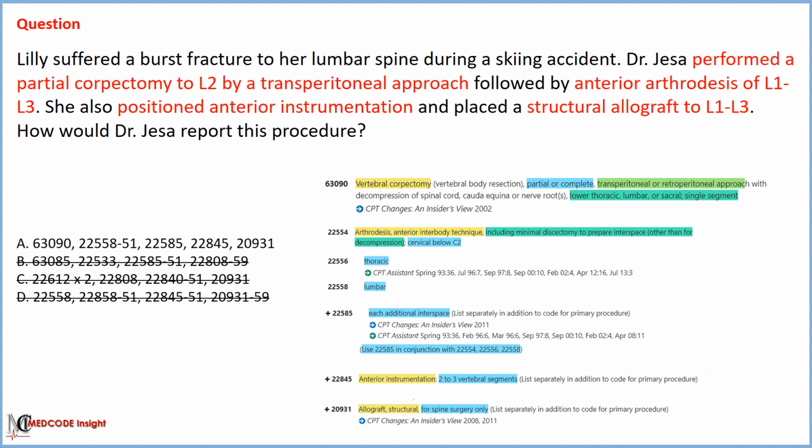In the given scenario, since orthodesis of two interspaces is performed, we use the add-on code 22585 for each additional interspace. Add-on code 22845 is used for anterior instrumentation of 2 to 3 vertebral segments, and add-on code 20931 is used for structure allograft.